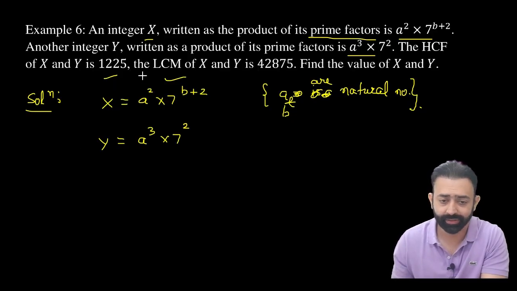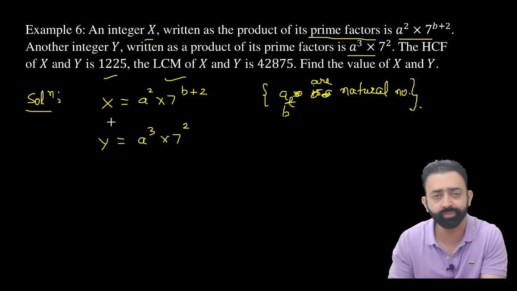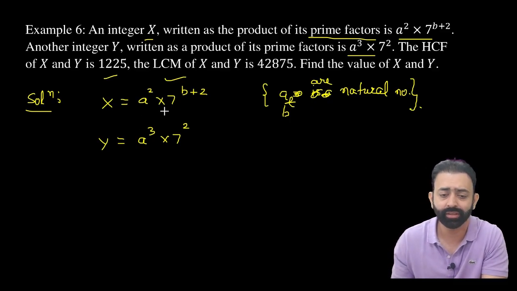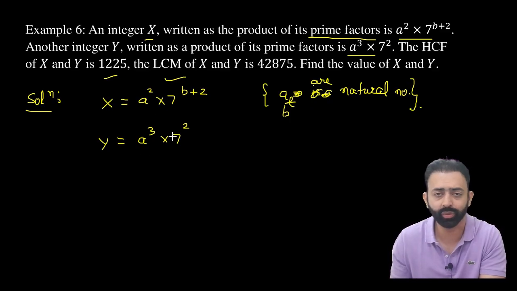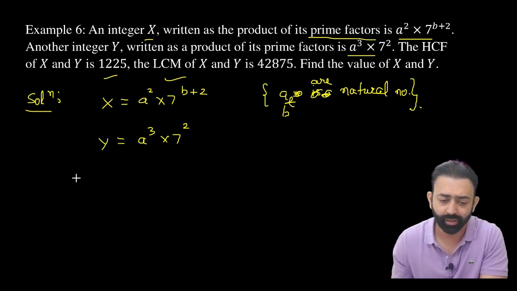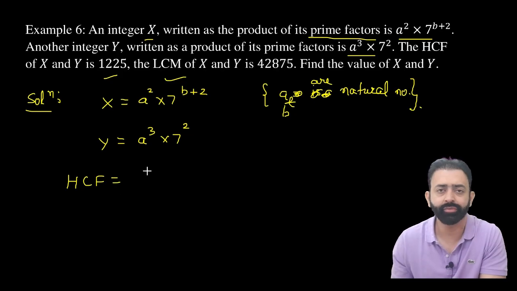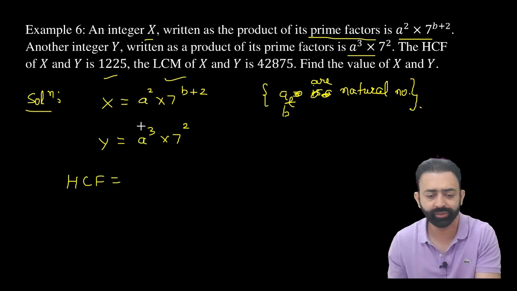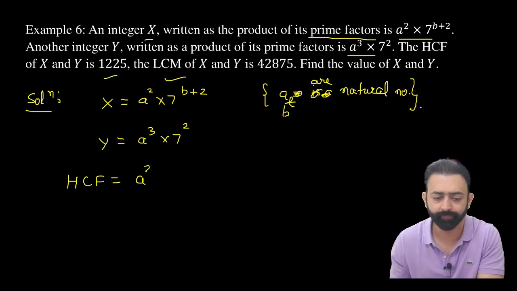Now HCF is given as 1225. So in terms of a and b, how can I write the HCF? As you can see, there are no other factors other than a and 7 in both x and y, so no need to include some b raised to power 0 or any other prime factor. For HCF, we have to take the common factors, which are a square and a cube. The least exponent is of a square, so we pick a square.